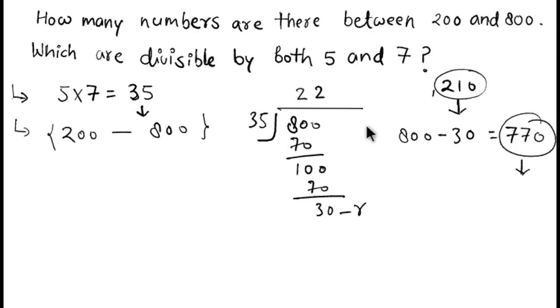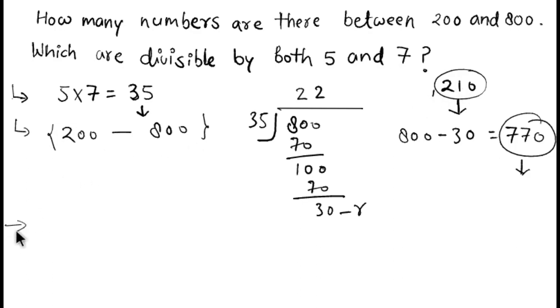Why did I find the smallest and biggest numbers divisible by 35? Because 35 is the smallest number which is divisible by both 5 and 7. So 210 is the smallest number between 200 and 800 which is divisible by both 5 and 7, and 770 is the biggest number which is divisible by both 5 and 7 between 200 and 800.